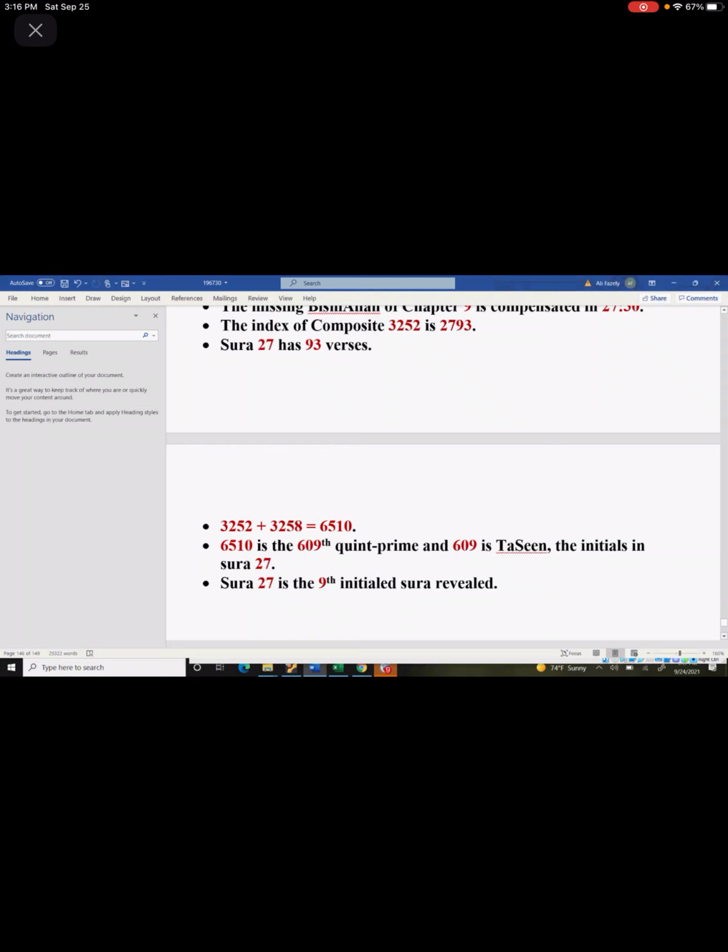So 609 actually spells out Ta-Sin in the numerical structure of the Arabic language. It tells you that the initials are supposed to be Ta-Sin; they cannot be anything else. And we also find that 27 is the 9th initial surah revealed. These are the relations that you have, and they are forced by this mathematics because the mathematics generates it.